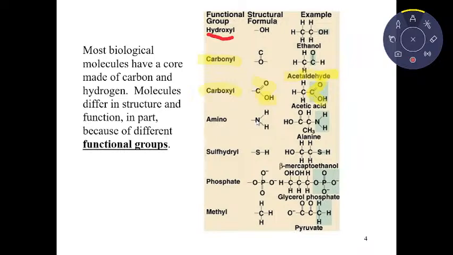The amino group means nitrogen bonded with two hydrogens, NH2, which is bonded with a compound, like alanine. Of the two carbons, one has the amino group attached. You can see here, this is alanine.